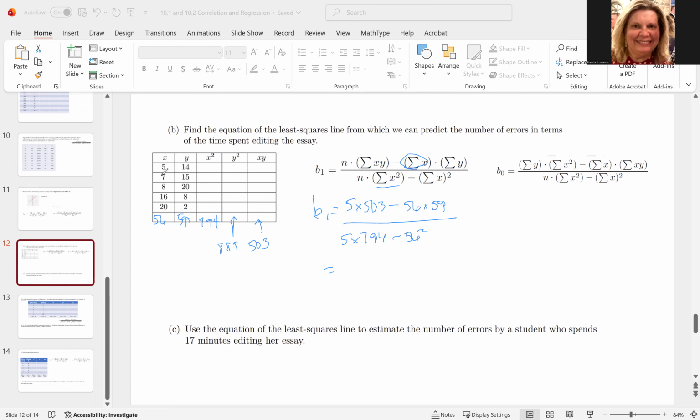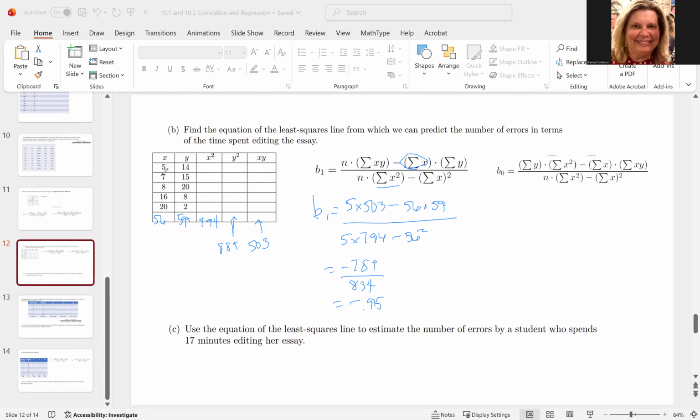You can do that calculation. On the numerator, I get negative 789. The denominator, I get 834, which gives me b sub 1 of negative 0.95.